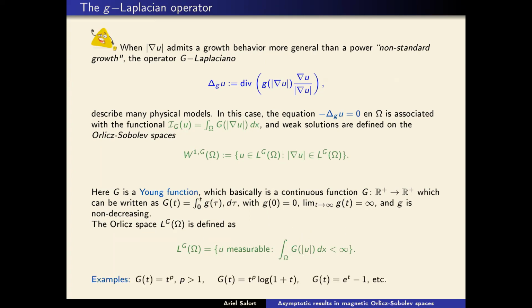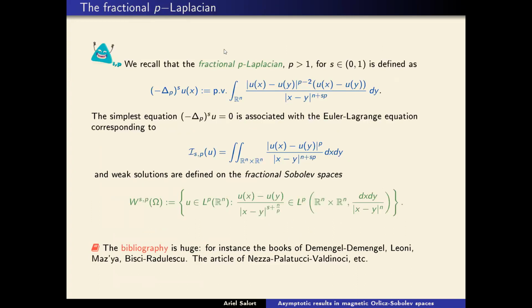So regarding the fractional p-Laplacian, as I mentioned before, the suitable space where to define weak solutions is the space W^{s,p}, which is the set of functions in L^p for which this quantity, which is a kind of fractional derivative, is in L^p with respect to some measure.